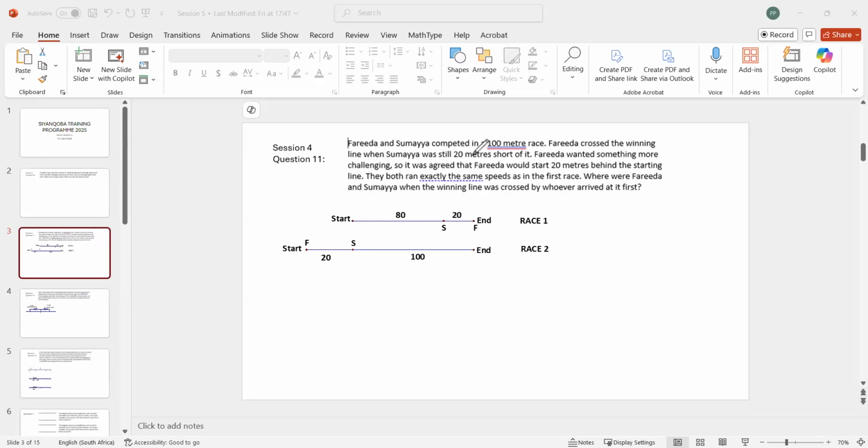Sumaya was 20 meters behind the end. Farida was here, and Sumaya was here, 20 meters. So in other words, Sumaya would have traveled 80 meters in the same time that Farida traveled 100 meters.